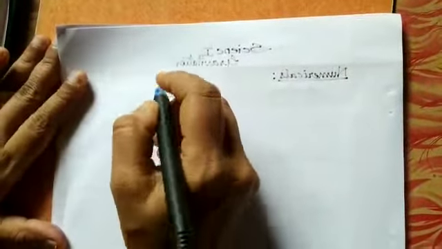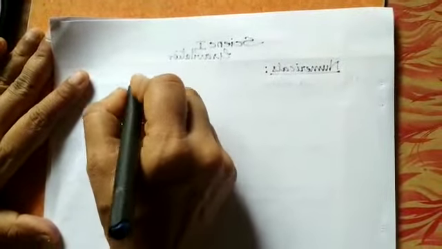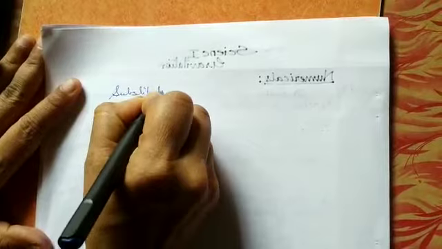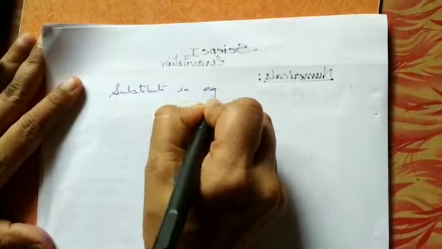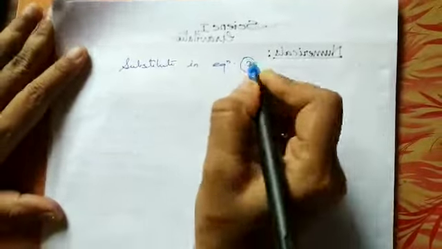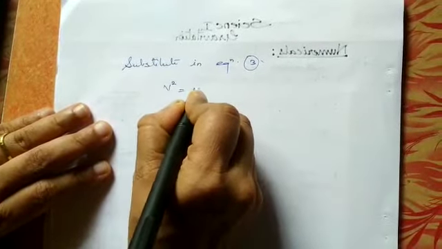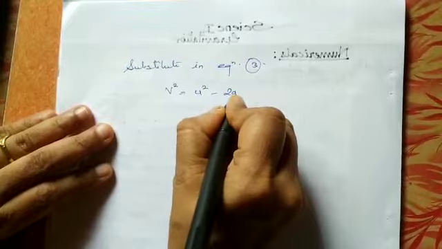So we will substitute this in equation 3. What is equation 3? V square is equal to U square minus 2AS.